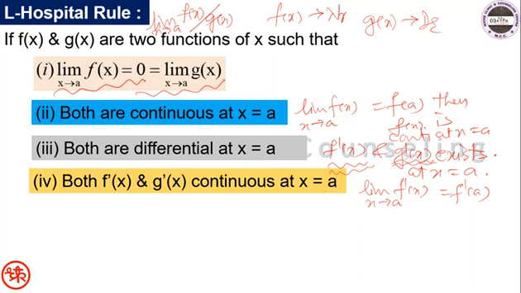So both f dash of x and g dash of x must be continuous at x equal to a. If these four conditions are satisfied, and since both limits are 0, this is the first fundamental form, 0 by 0. Then we apply L'Hospital rule.